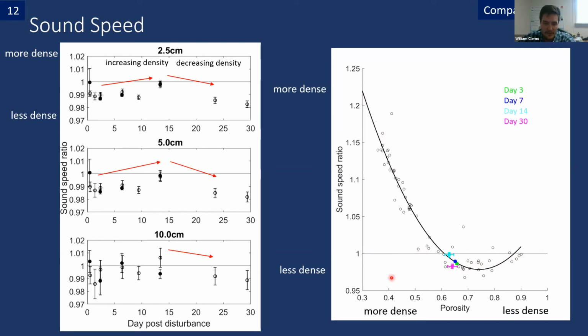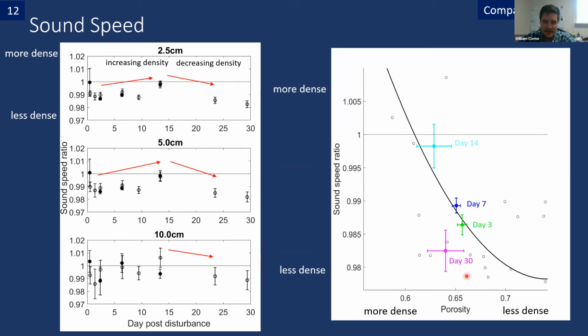But if we zoom in, we can actually see that sound speed ratio appeared to slightly increase from day 3 to day 14 as porosity decreased. And then once again, between day 14 and day 30, it looks like sound speed ratio slightly decreased as porosity increased. So these relative changes are also pretty consistent with this broader relationship shown by that black line between sound speed and porosity.